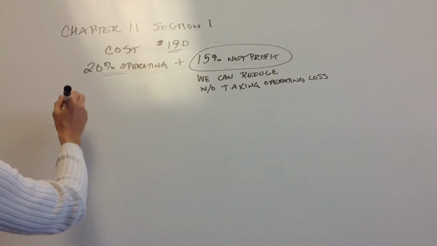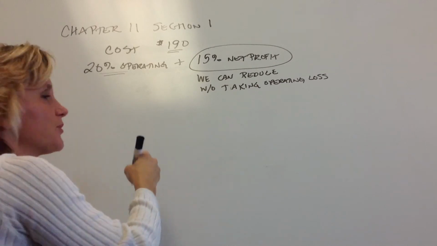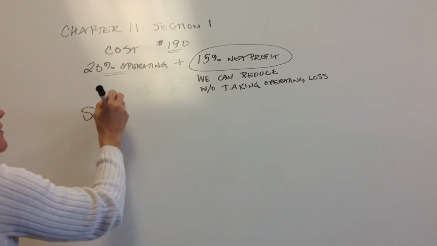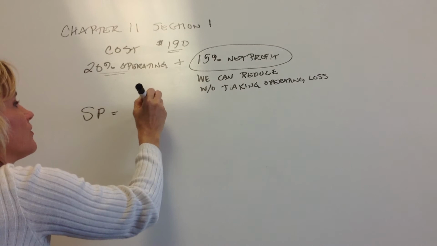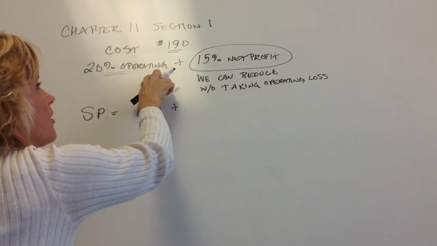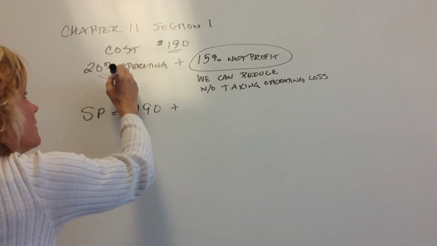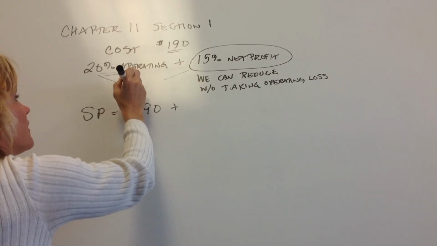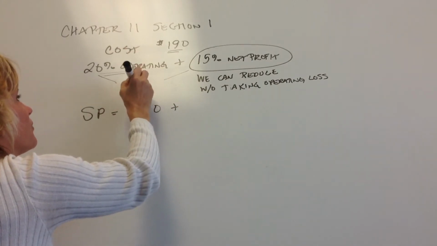So then now if we come back to our regular formula from Chapter 10, our selling price is equal to our cost of $190 plus our markup. And then remember from Chapter 10, we have to add those together. So we have a 35% markup.